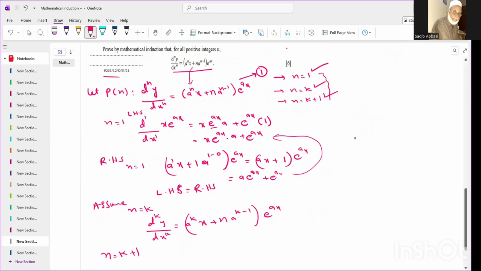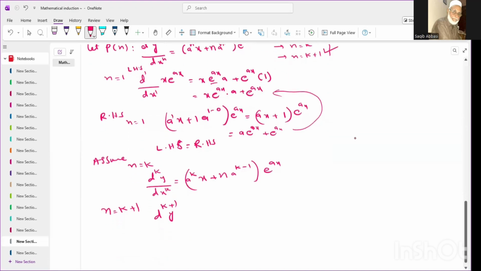You put here d power k plus 1 y over dx^(k+1) equal to, okay, equal to how.